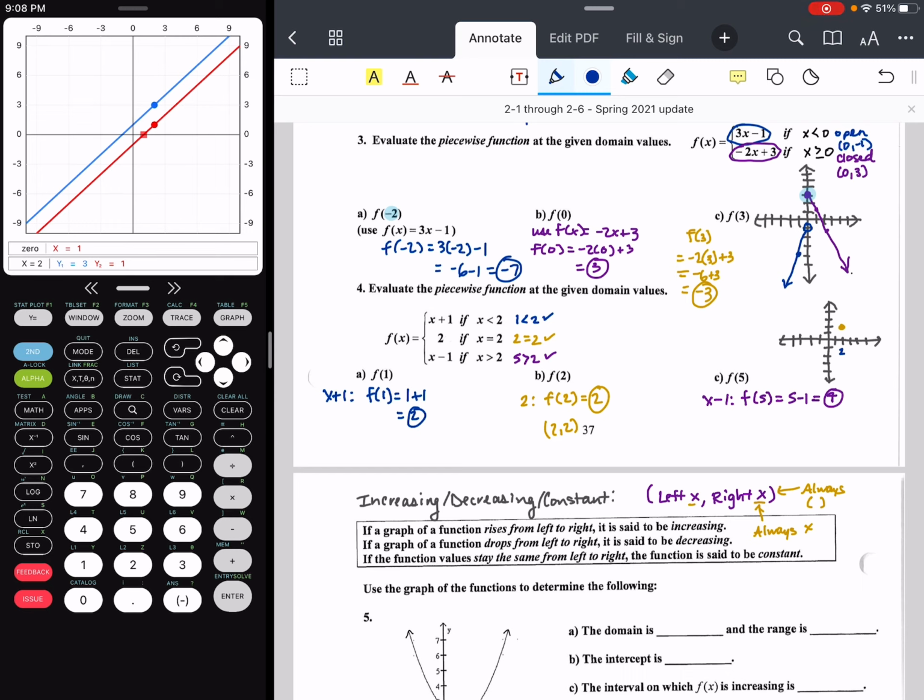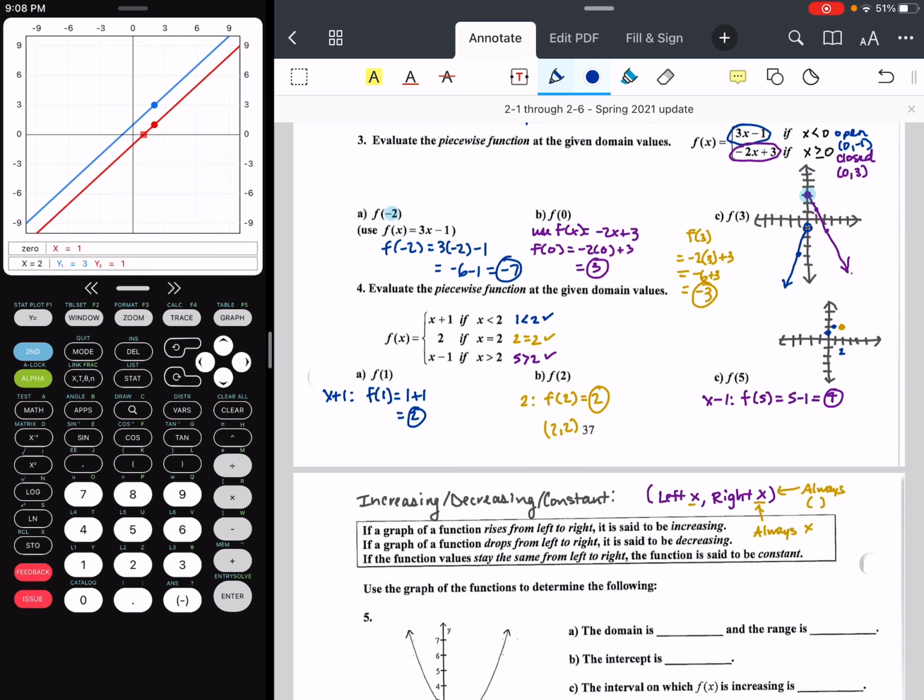So for x less than 2, we're following this piece of the function. So at x equals 0, this piece of the function is defined. So we would have the ordered pair, let's see, 0, 1 would be my y-intercept. If I go up 1 and to the right 1, go to 1, 2. And if I go up another 1 and to the right 1, we get to x equals 2.